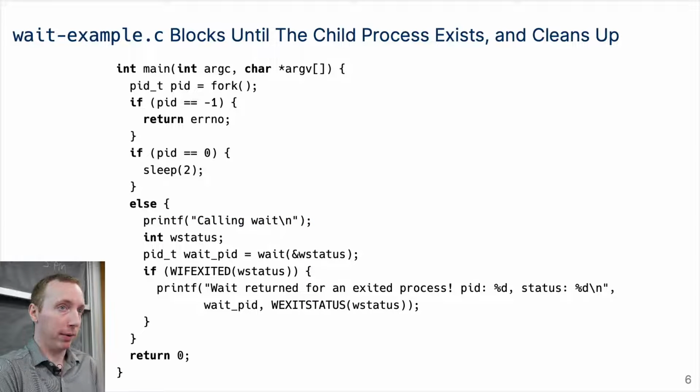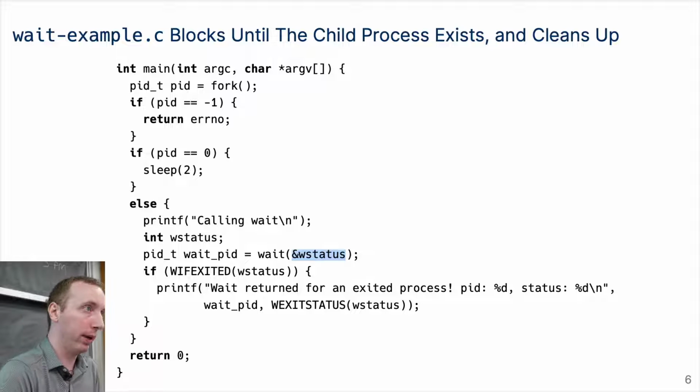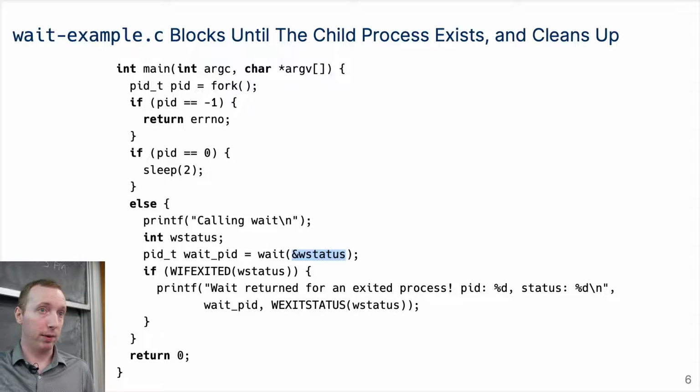it prints that we're going to call wait. It allocates some memory for an integer, and it just does this on the stack, right? We remember our first year C courses. That allocates 4 bytes on the stack, and then we can just pass its address to wait, and it will write some bytes to that address.